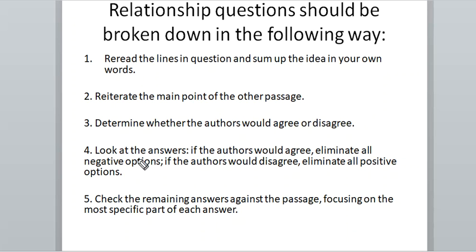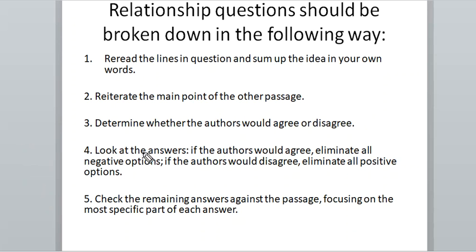then look at the answers. If the authors would agree, eliminate all negative options. Here we're back to playing on the negative positive role. So whenever we encounter the fact that the author is opposing, he has to have some sort of negative perspective.